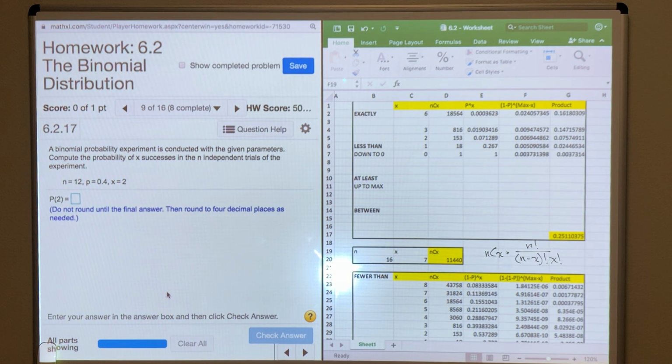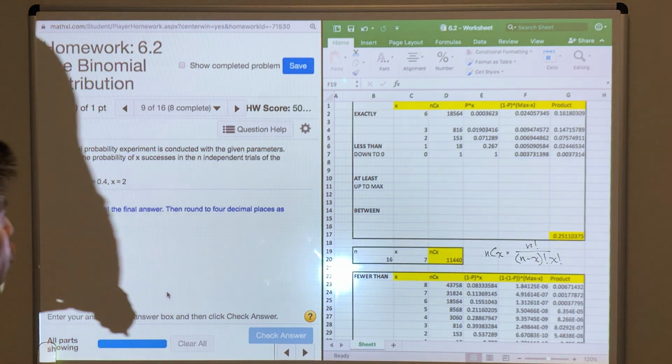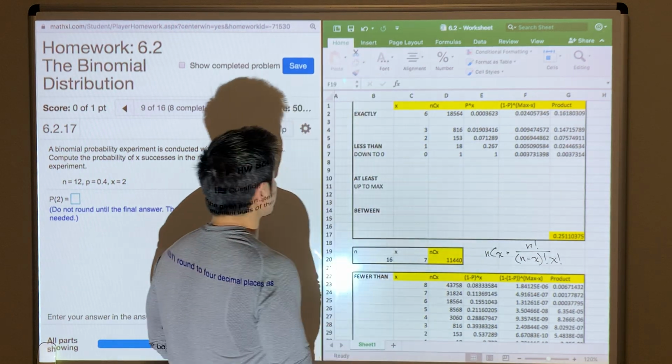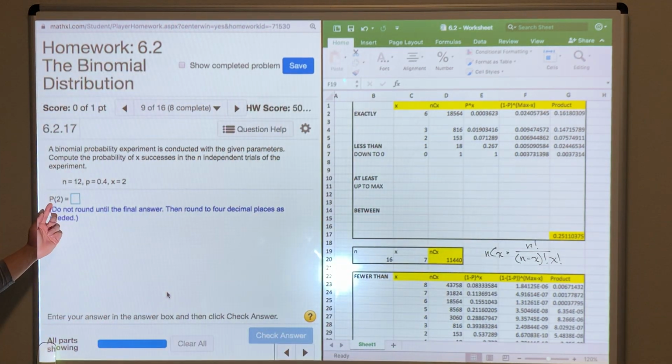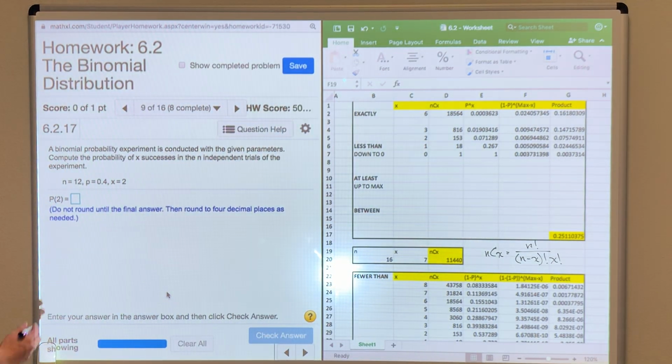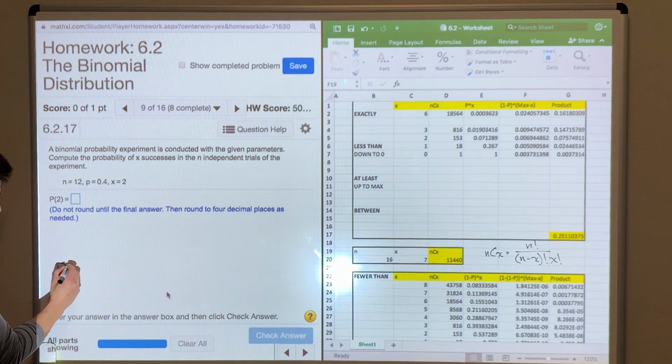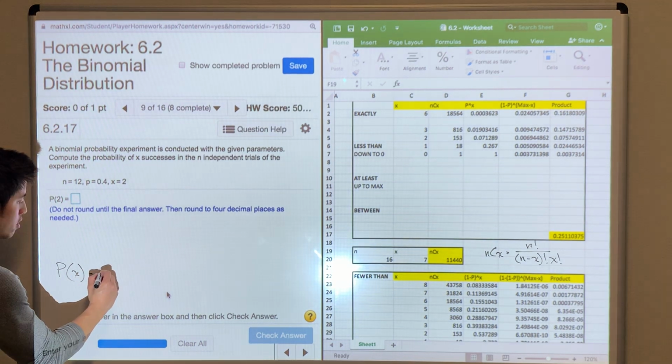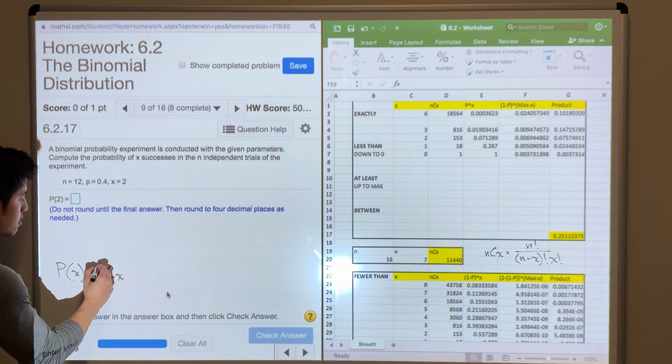So if you look in your notes, there's a formula, and the formula says in order to calculate the probability of some X, you need to first obtain NCX.